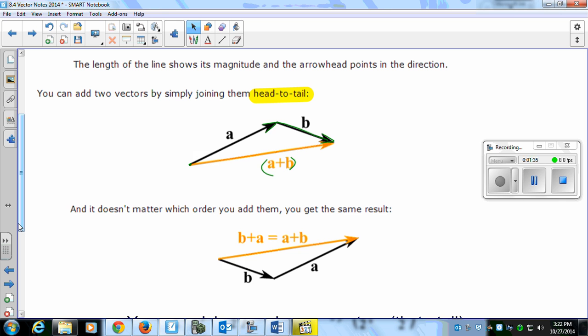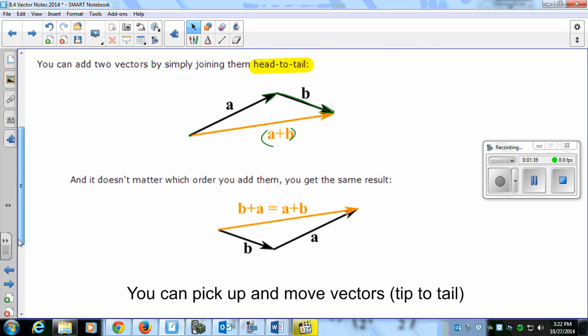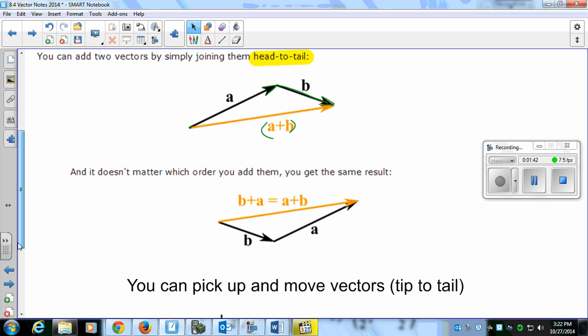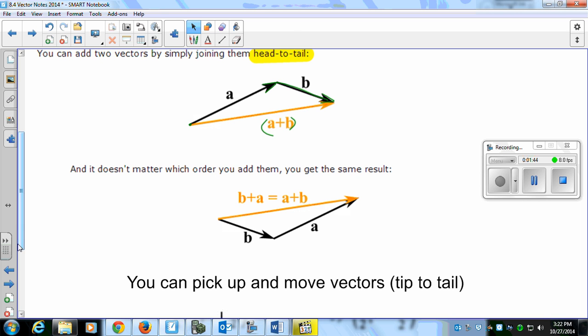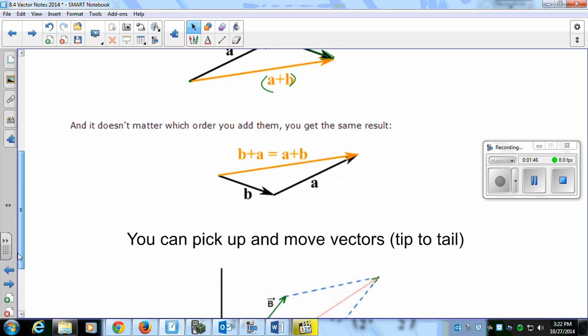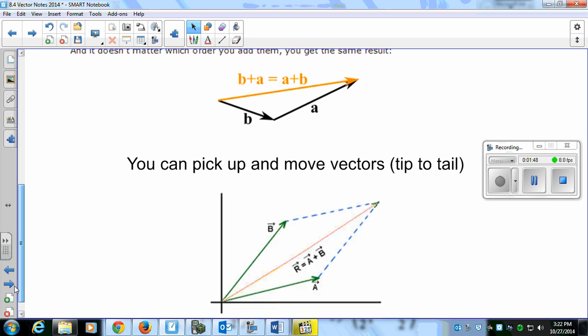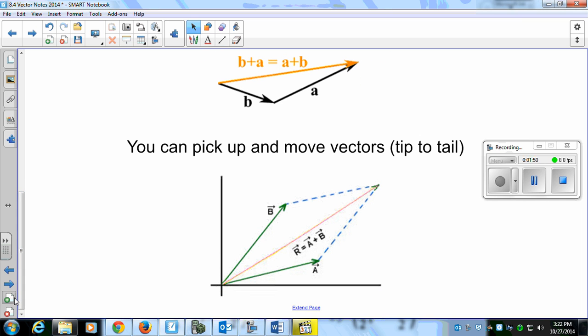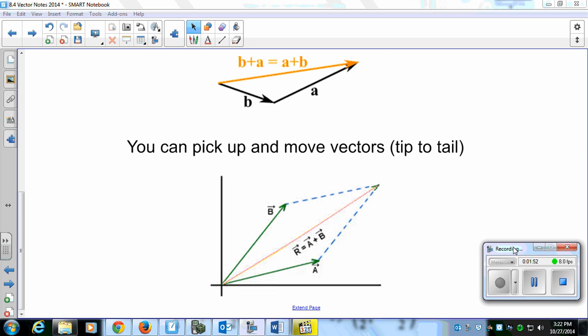Notice it doesn't matter which order you add them, you get the same result. If you did B plus A, you get the same vector in this direction, proving the commutative property for vectors.